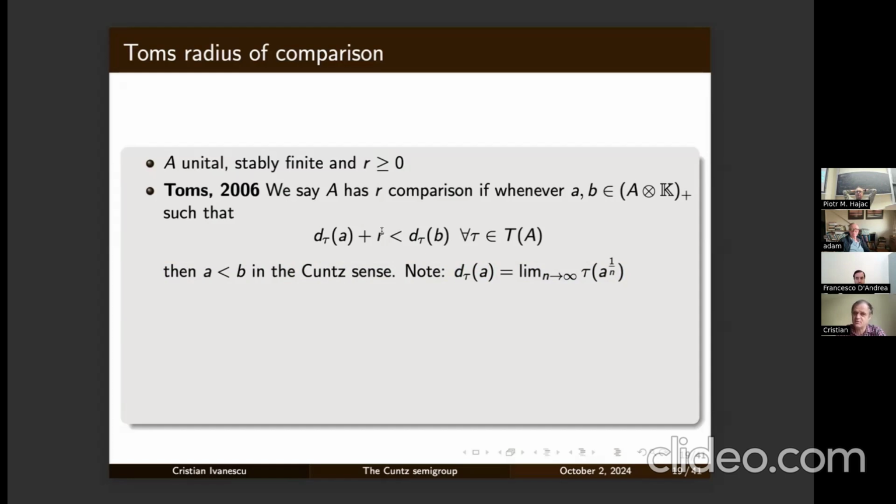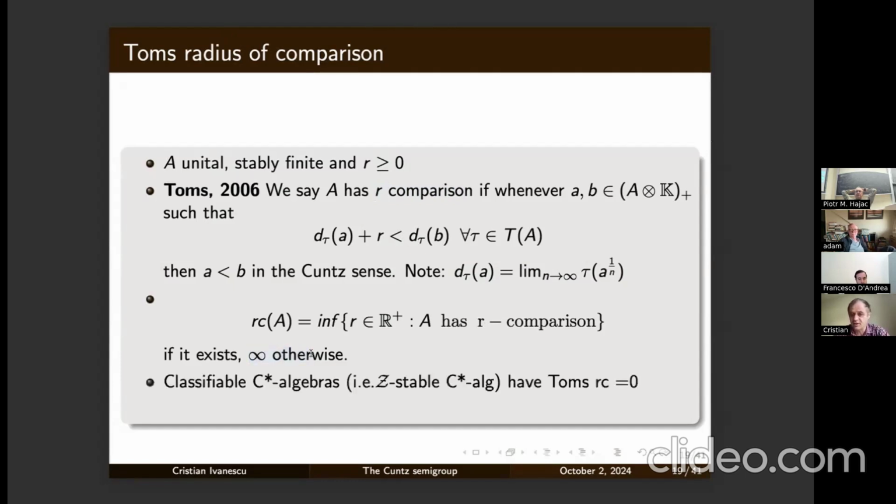In other words, you want this inequality to have some freedom, in order to have R to be positive. So if there is such an R, we call this R comparison. In other words, A has R comparison. And now the radius of comparison is the infimum over all such R, where A has R comparison, if it exists. If it doesn't exist, then we call it infinity.